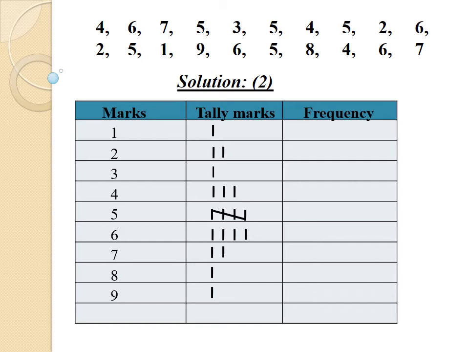So, we have to write 1 in the frequency column. 2 occurs 2 times. So, we have to write 2 in the last column. 3 occurs 1 time. So, we have to write 1 in the third column. Likewise, we have to complete the third column.